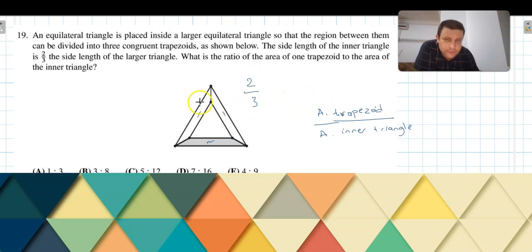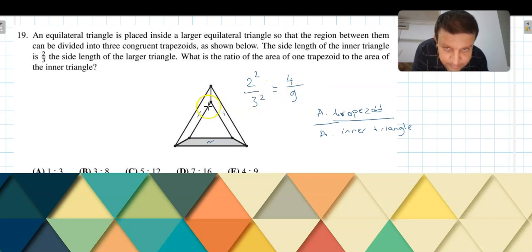Since the ratio of similarity is 2/3, this means the ratio of the areas is going to be 2 squared over 3 squared. This means 4/9.